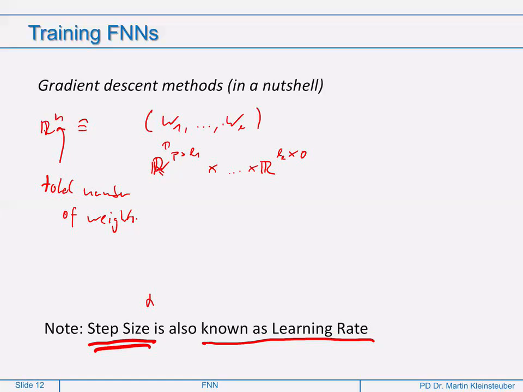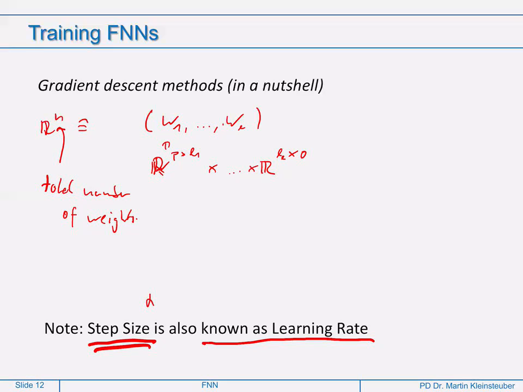For simple problems, we don't need to change this. Yes, but you can if you want, and there is a theory behind step size selection. If you look at gradient descent methods and step size selections, you find everything you need to fine tune your neural network once in a while.